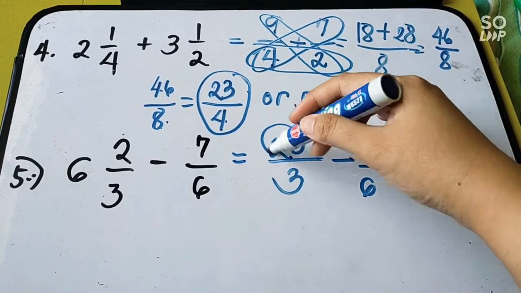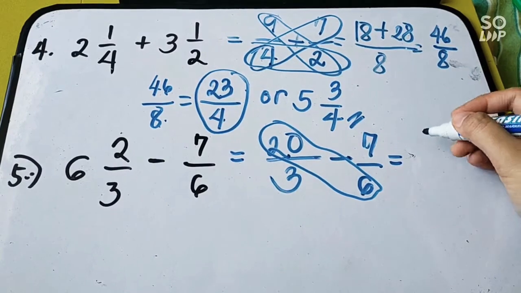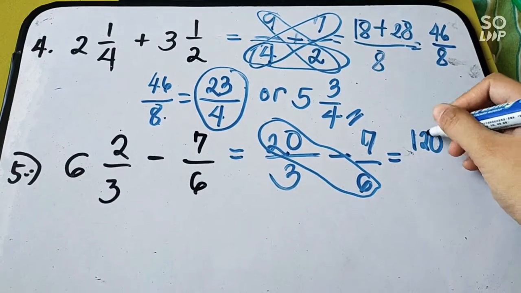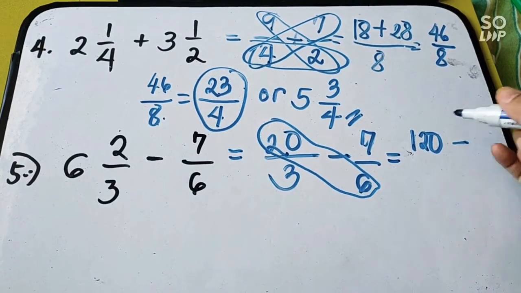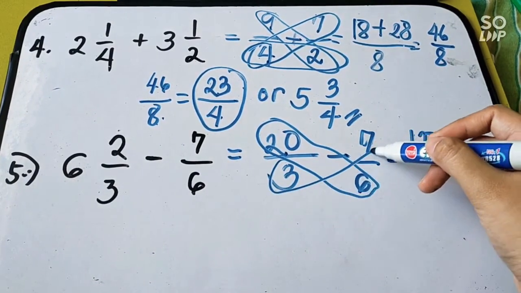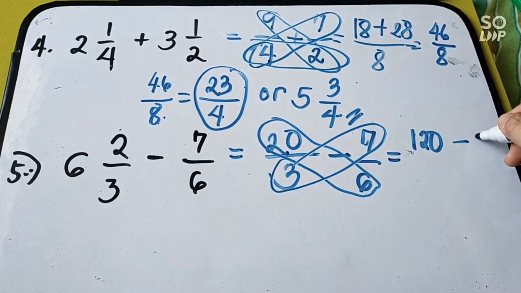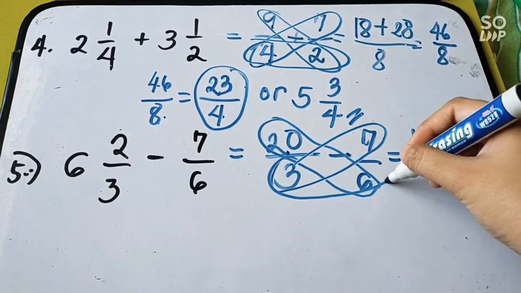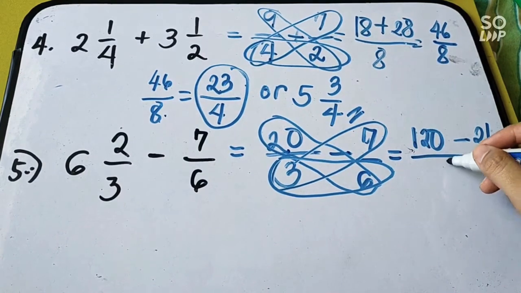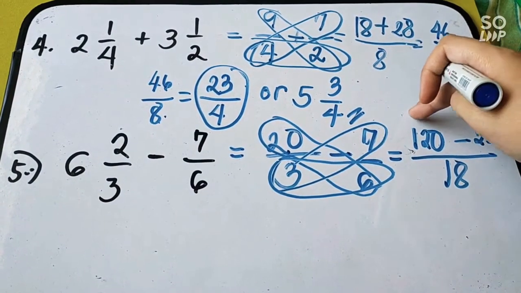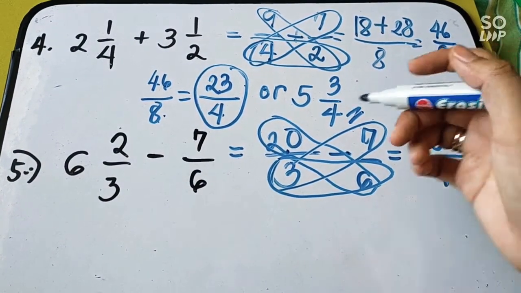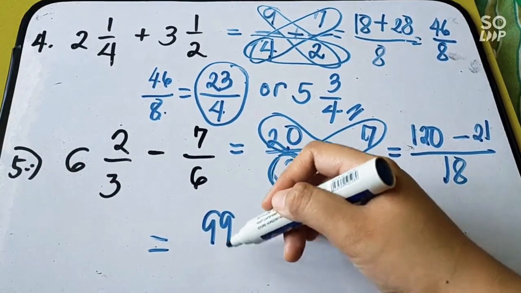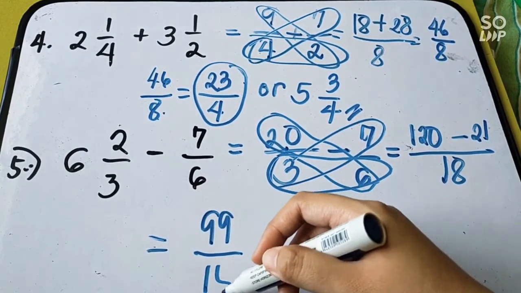Equals 20 multiplied by 6. The answer is 120. Next, minus 7 times 3. The answer is 21. Over 3 multiplied by 6. The answer is 18. Then, simplify 120 minus 21. The answer is 99 over 18.